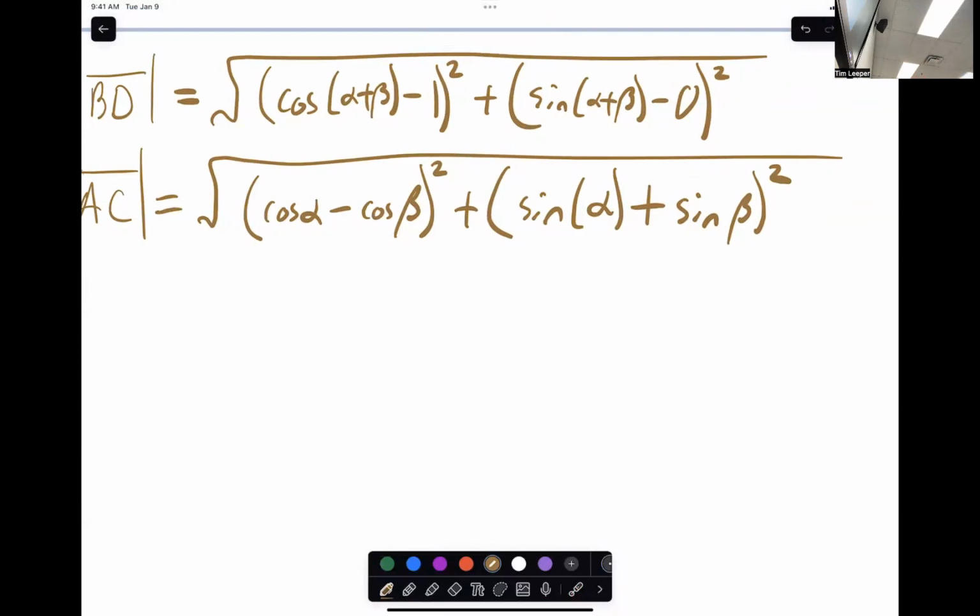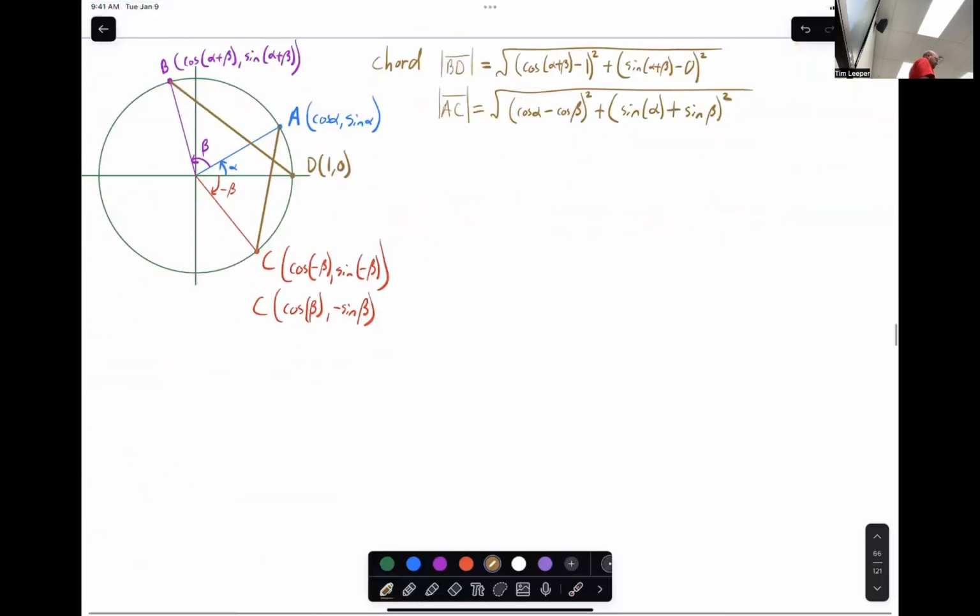Now, notice that we have said that these two are, in fact, the same length, right? That means that segment BD's length and segment AC's length should just be set equal to each other. So basically, we're just going to set the first one equal to the second one. I'm going to come down here and do it.